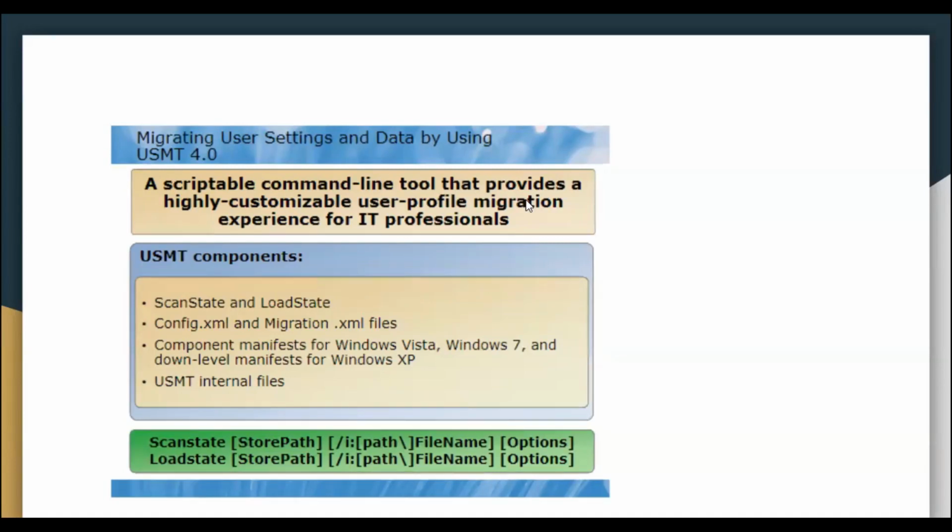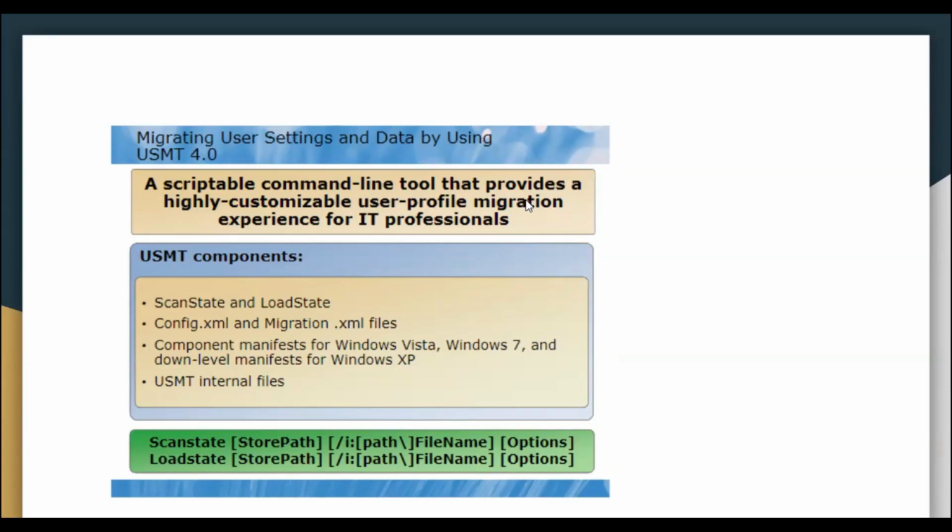The USMT 4.0 is a command line utility that allows you to automate the process of user profile migration. The USMT is part of the Windows Automated Installation Kit, which is the WAIK, and is a better tool for performing a large number of profile migrations than WET, which is the Windows Easy Transfer.